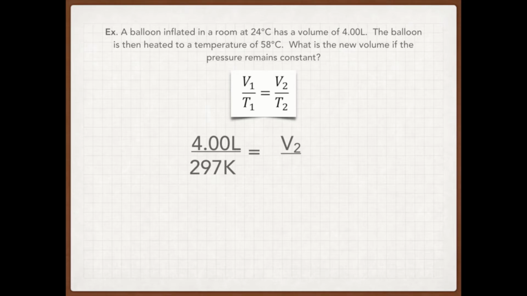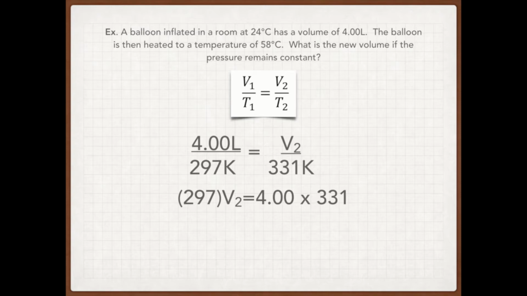Well, I need to take 58 degrees, and I need to add 273 to that, so you would get 331. Okay? Now I need to cross multiply. So what I'm going to do is take my 297, multiply that by V2, and then set that equal to 4.00 times 331. Okay, so I've got that there.